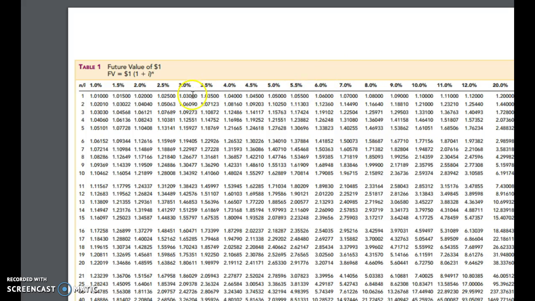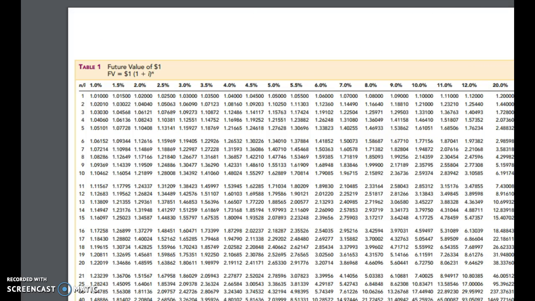The way you use this future value of a single amount table is you go over to the top to the interest rate, then you go down to the number of periods, and this is the factor that you will multiply by your investment to find out what the future value would be of that set amount. Again, this is for a single amount.